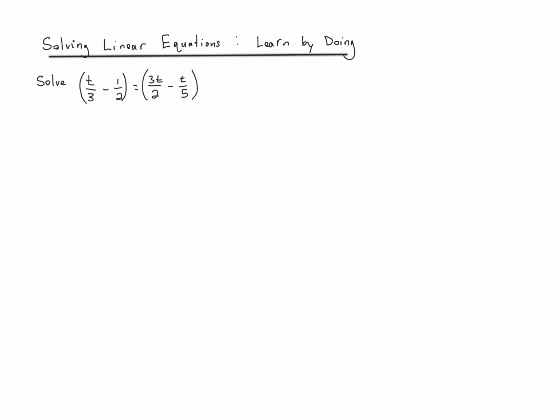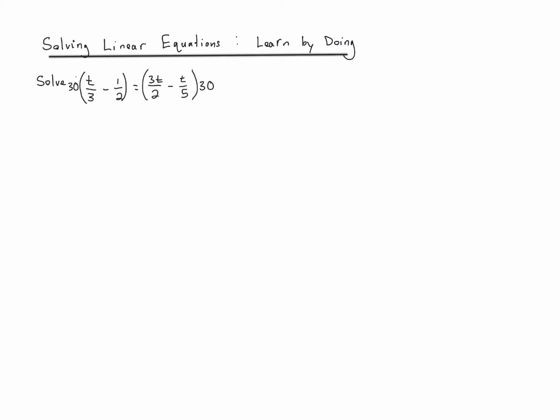The least common denominator is the smallest number that's a multiple of all of the denominators, in this case 3, 2, and 5. And the smallest number that's a multiple of all of those is 30. So we need to multiply both sides of this equation by 30.